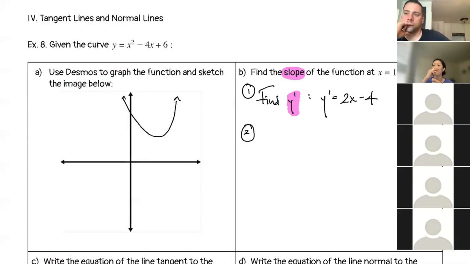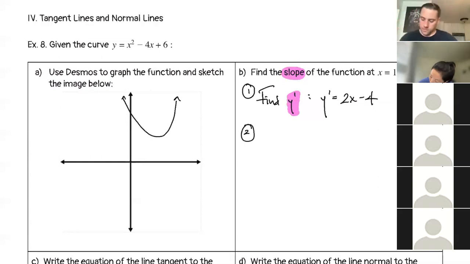What are we doing with this 1 here? Yeah, we're going to substitute for x.